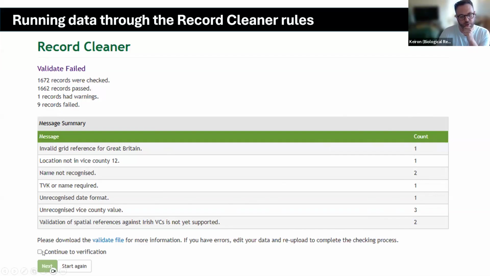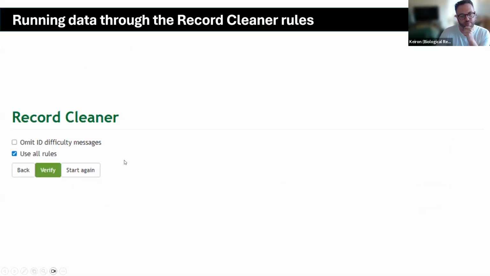So we do that, we tick the box, we click on next, and then it will bring up this screen. There's an option to use all rules. I recommend we always use all rules. And there's an option to omit ID difficulty messages. So if you want to just check phenology and distribution, you might want to untick this so that you don't get all of the flags for an ID difficulty, because even if it's flagged as a very easy record, it will come up then.